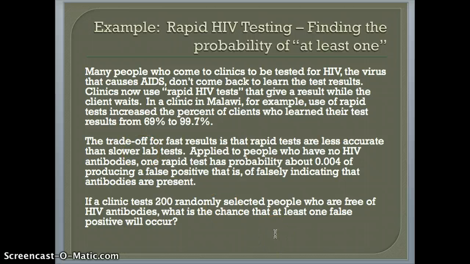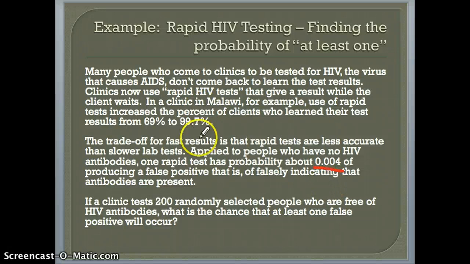The trade-off for fast results is that rapid tests are less accurate than slower lab tests. Applied to people who have no HIV antibodies, one rapid test has a probability of 0.004 of producing a false positive, that is, of falsely indicating that the antibodies are present. If a clinic tests 200 randomly selected people who are free of HIV antibodies, what is the chance that at least one false positive will occur?